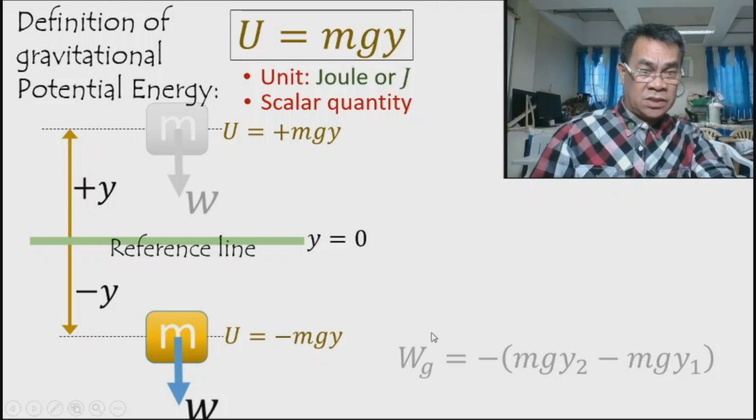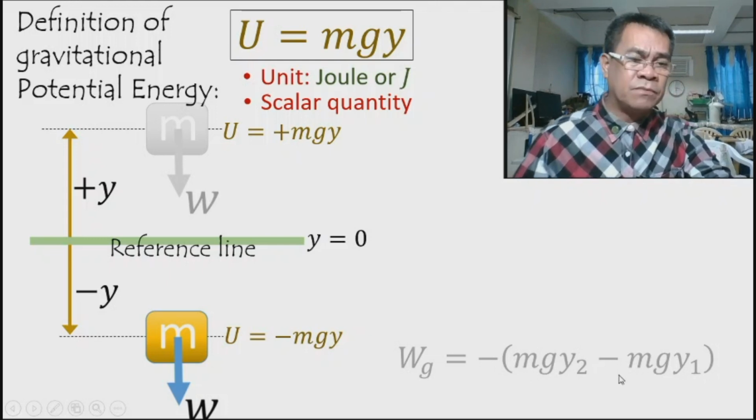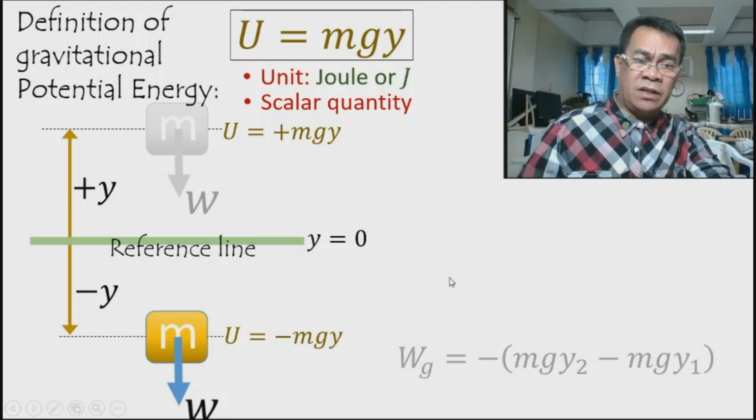And going back to this result, take note, we are looking for the work done by gravity, W sub g. And previously, we have this result, negative mgy2 minus mgy1. So replace this in terms of energy.